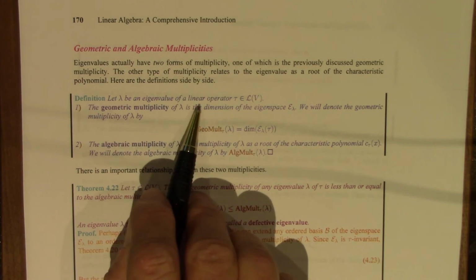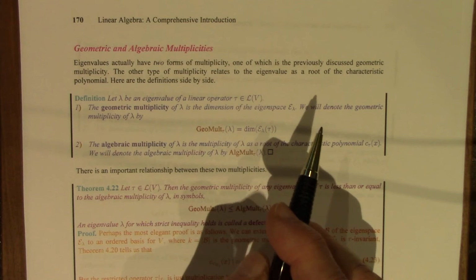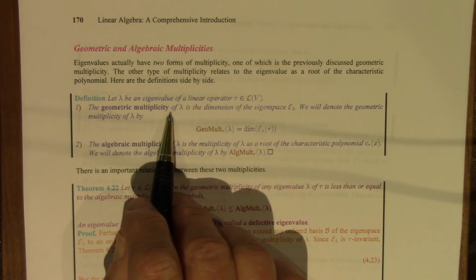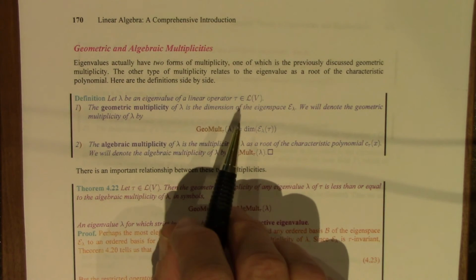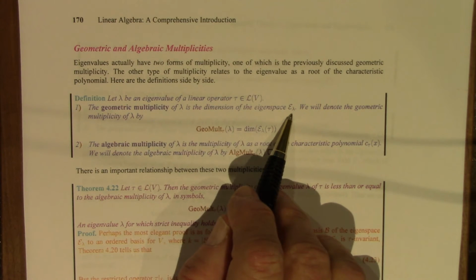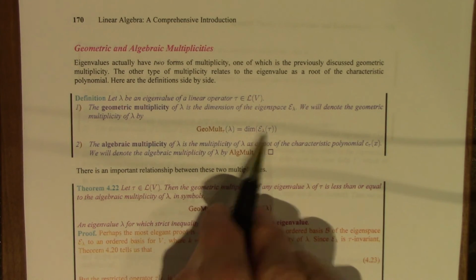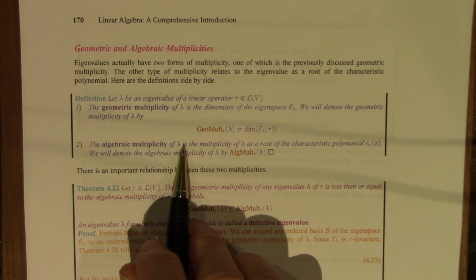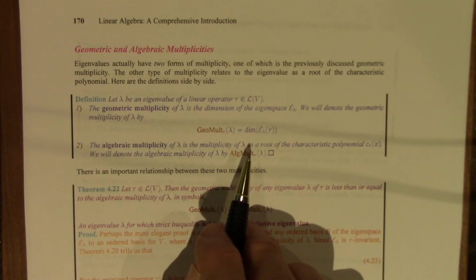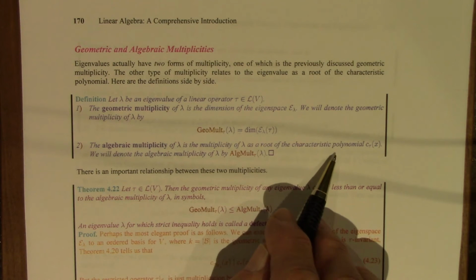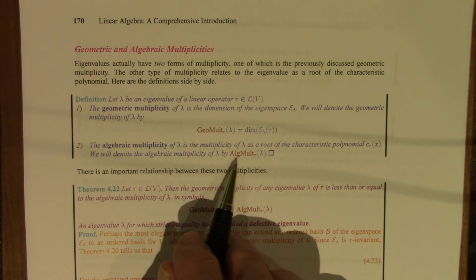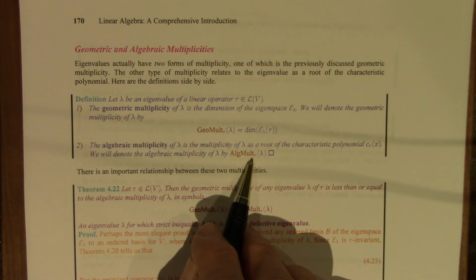Lambda is an eigenvalue of a linear operator. The geometric multiplicity is the dimension of the eigenspace. We denote it this way. The algebraic multiplicity of an eigenvalue lambda is the multiplicity of lambda as a root of the characteristic polynomial. And we'll denote the algebraic multiplicity this way.